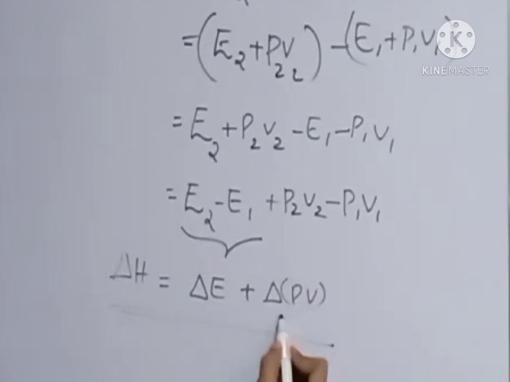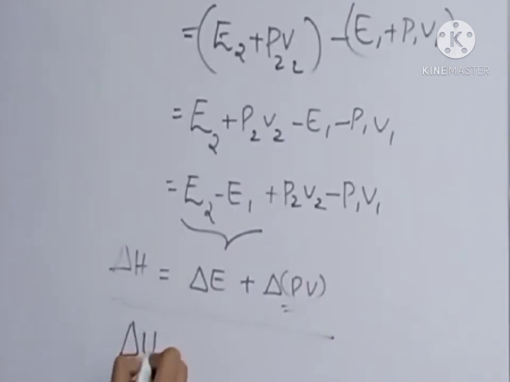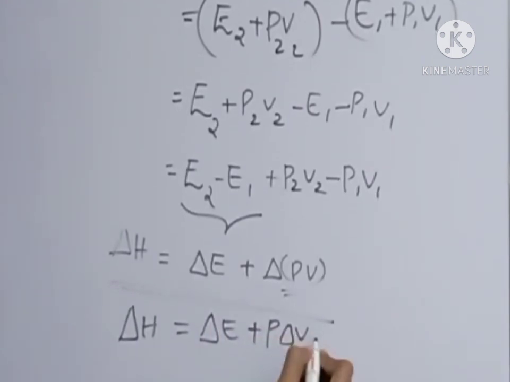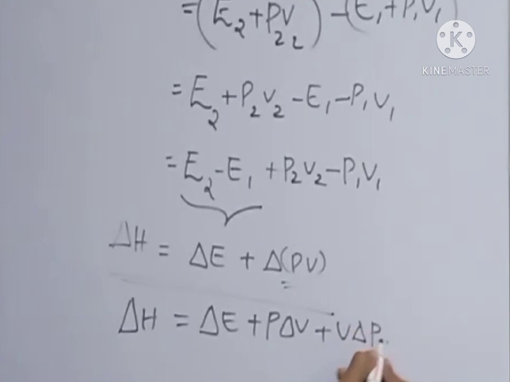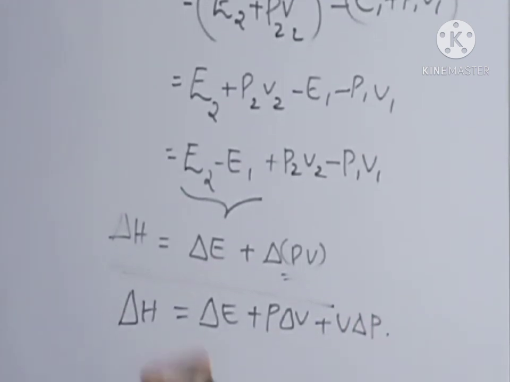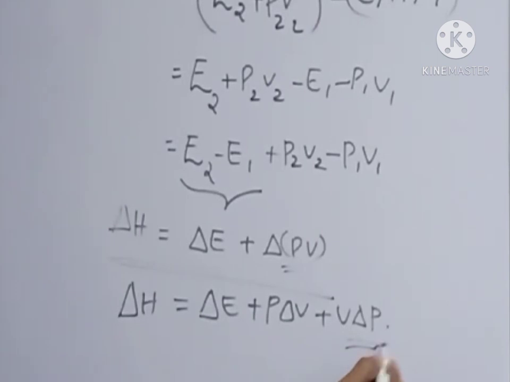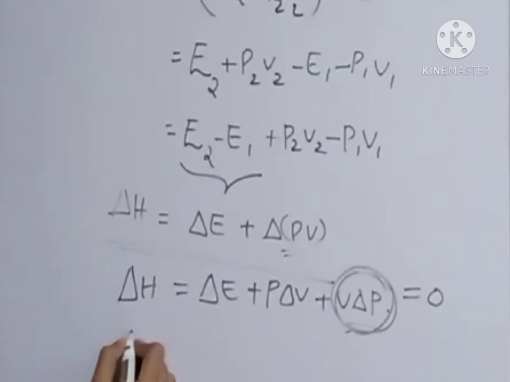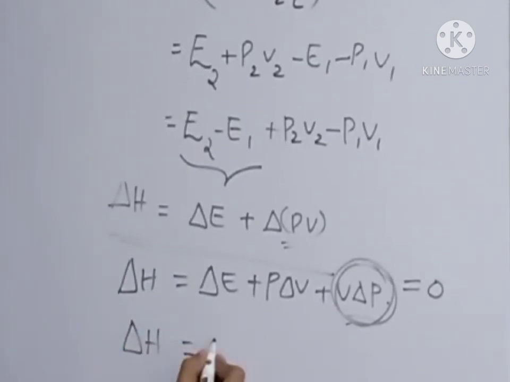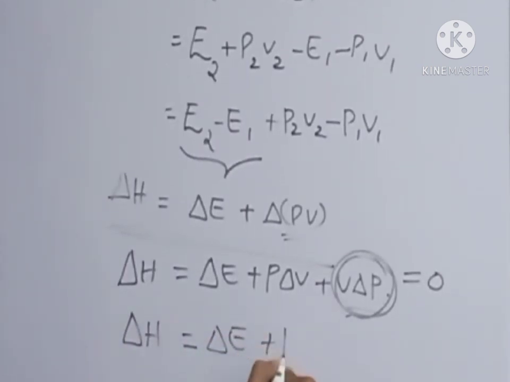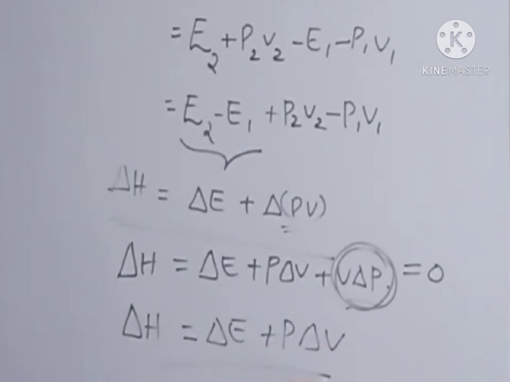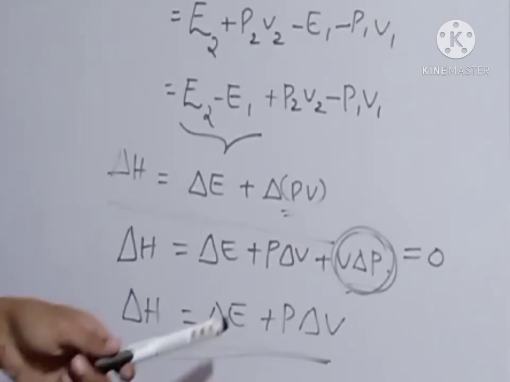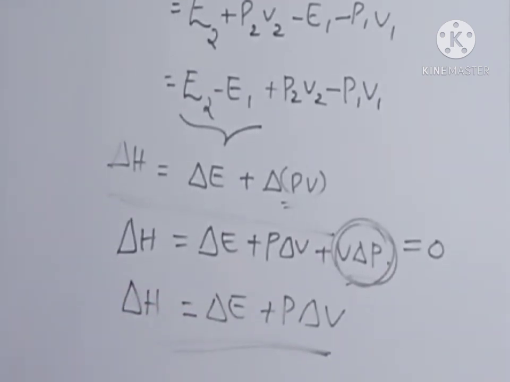If we expand this term, we will get delta H equal to delta E plus P delta V plus V delta P. But when we are doing a process at constant pressure, this term equals 0, that is delta H equal to delta E plus P delta V. This is the relation of enthalpy change and energy change at constant pressure.